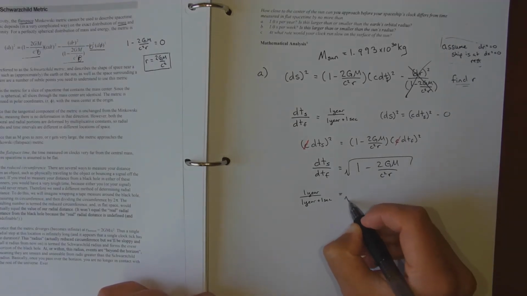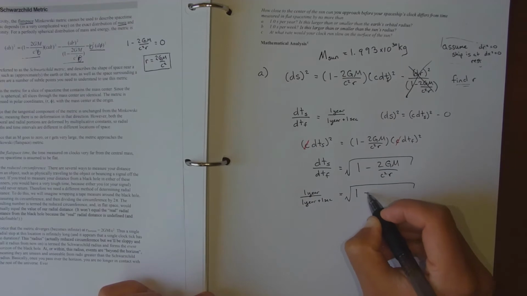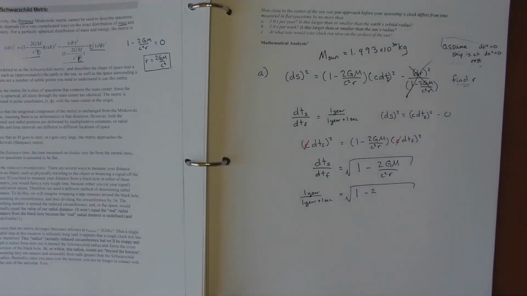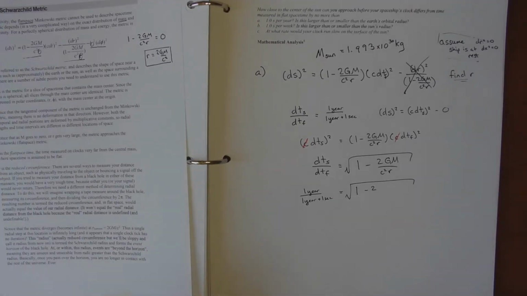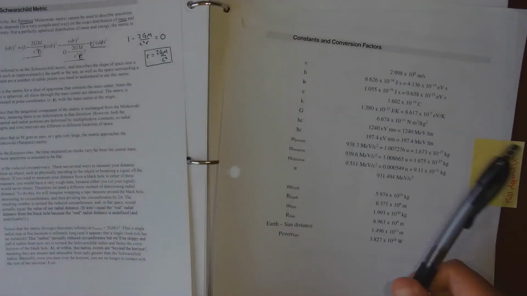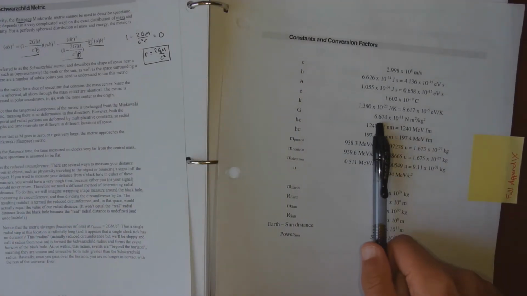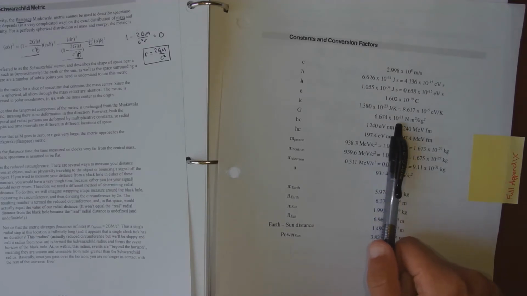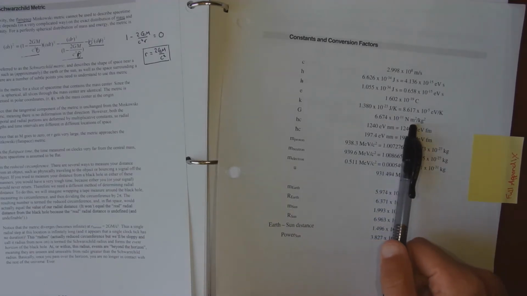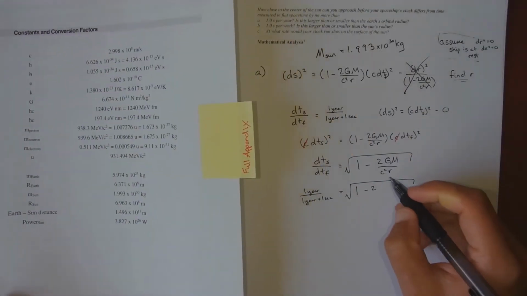And this is the square root of 1 minus 2 times g, which is a constant, and I think that is in the appendix also. So let me find my appendix. Okay, so if you look on page 1 of the appendix, we have the constant capital G is 6.674 times 10 to the negative 11th newtons times meters squared per kilogram squared.